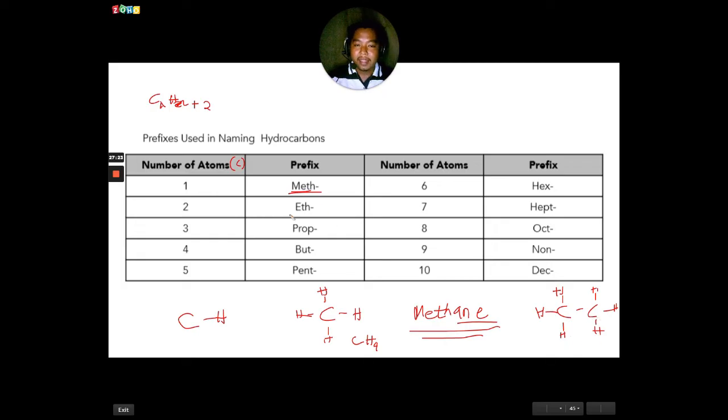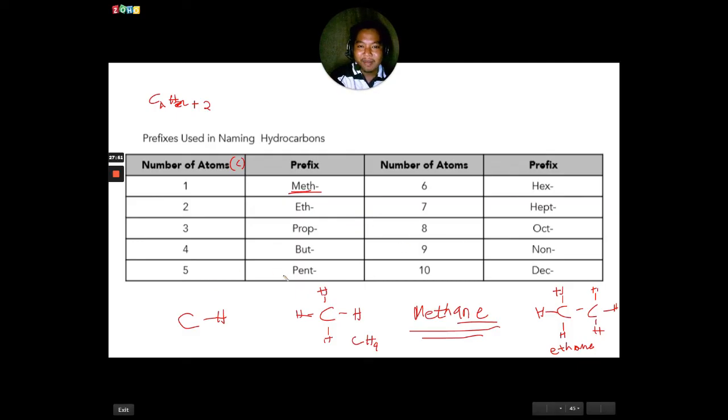How about your ethane? Yung pangalawa mong alkane. So, eth for 2. We have 2 carbons. So, C2, H2 times 2 plus 2. 2 times 2, 4 plus 2, 6. So, mali pala yung kanina. Naging 8 yung sagot ko. Balikan nga natin.